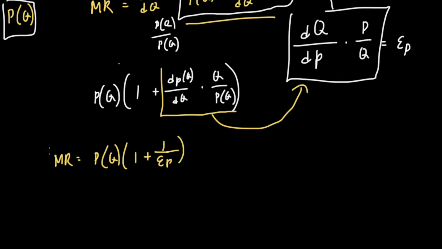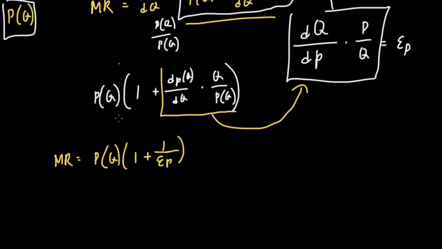And so now we see that MR is actually related to E_P here. What if we now know that MR and E_P are related? Well, by knowing the value of epsilon P, or the elasticity, we can know whether marginal revenue is positive or negative.